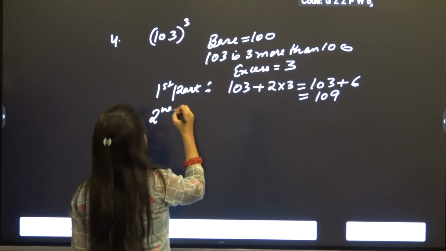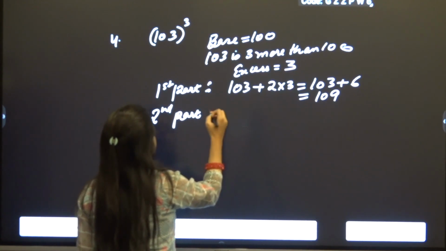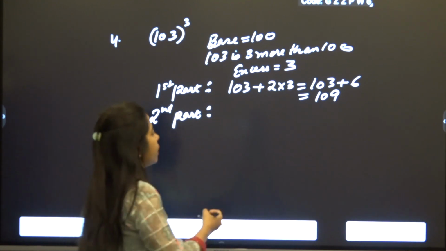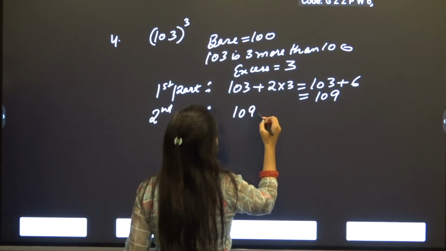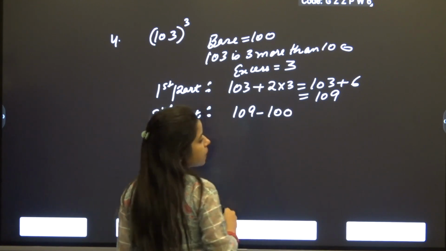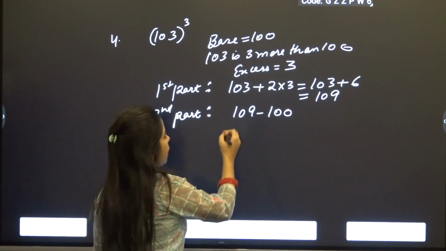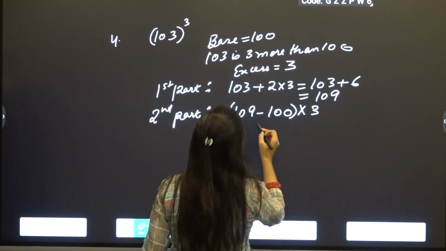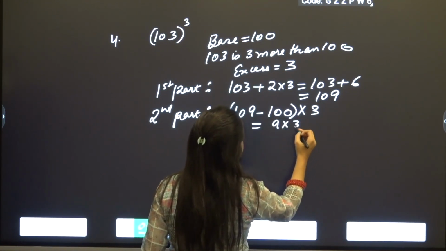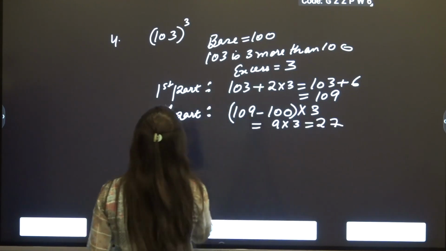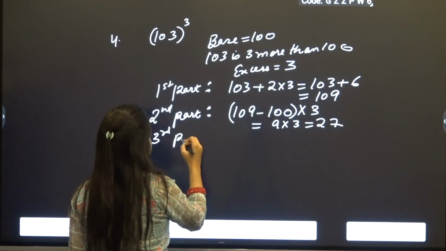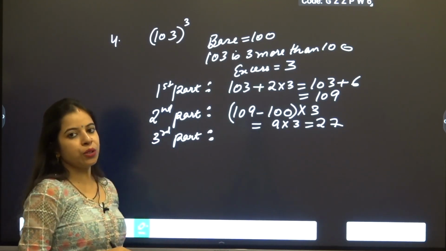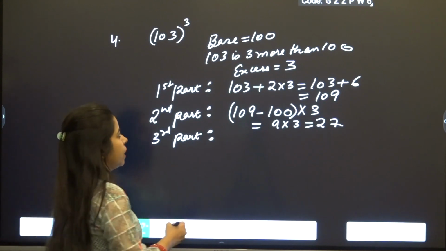For the second part, I am going to take the number obtained from the first part and subtract base, which is 100, from it, and the resultant will be multiplied to the excess. So this is 9 into 3, 27. For the third part, I am going to take the cube of the excess.